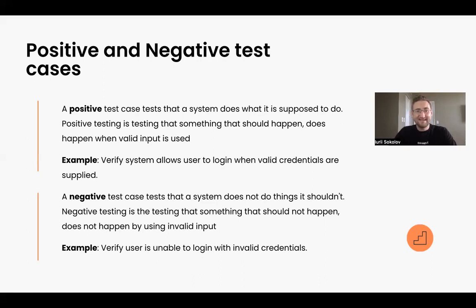A negative test case tests that the system does not do things it shouldn't. Negative testing is the testing that something that should not happen does not happen when we use invalid input. Negative tests are mostly designed to make sure that we test errors, right?